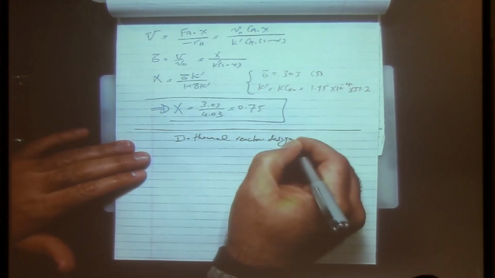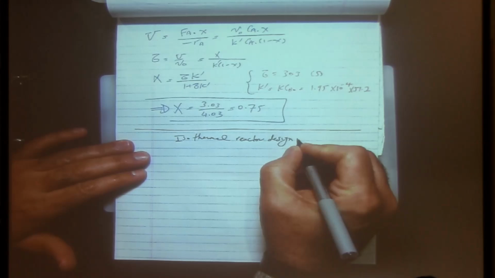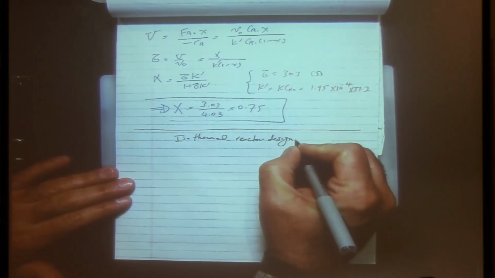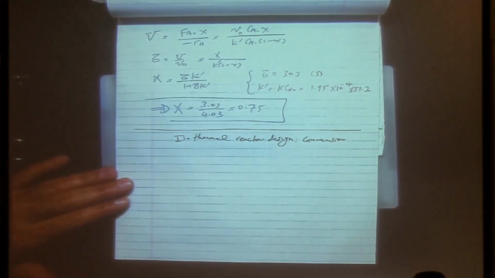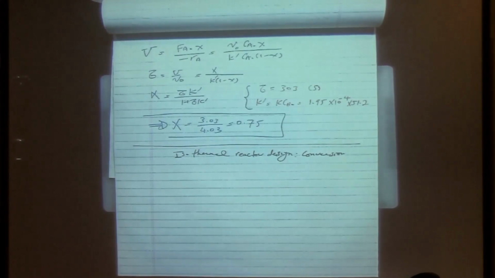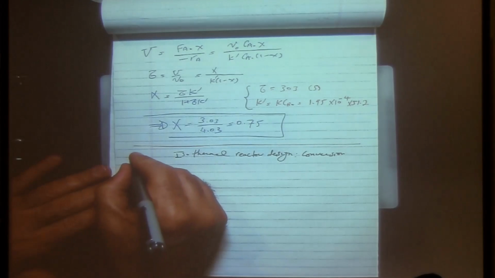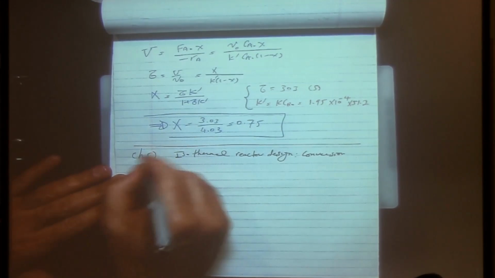So we are discussing isothermal reactor design with respect to conversion. This is again chapter 5 of your book.